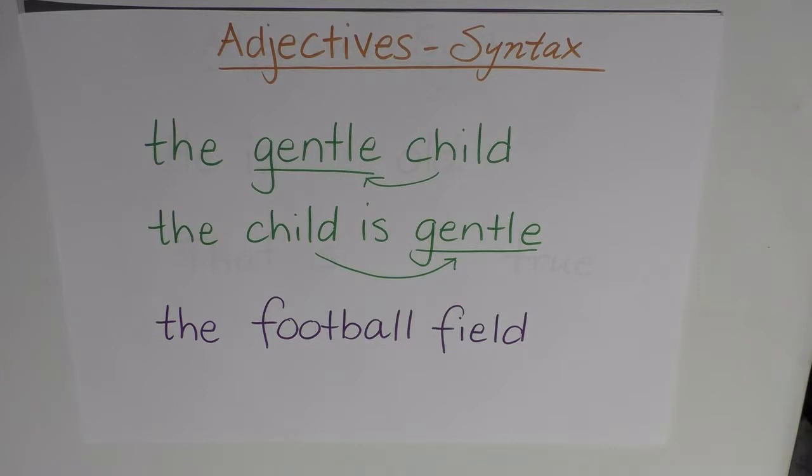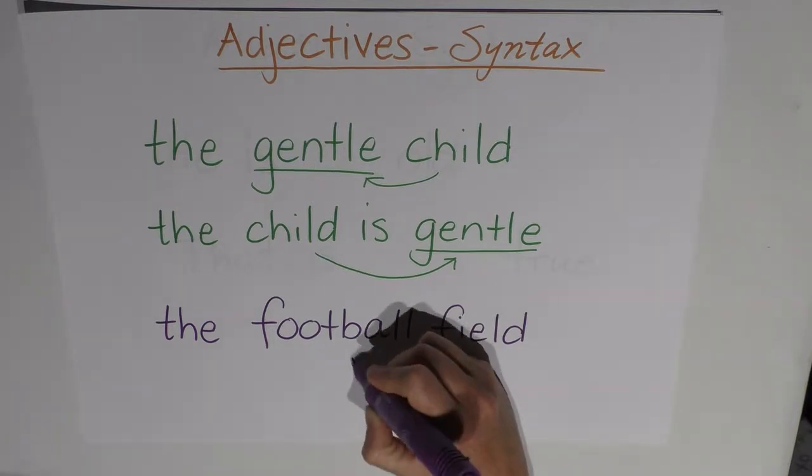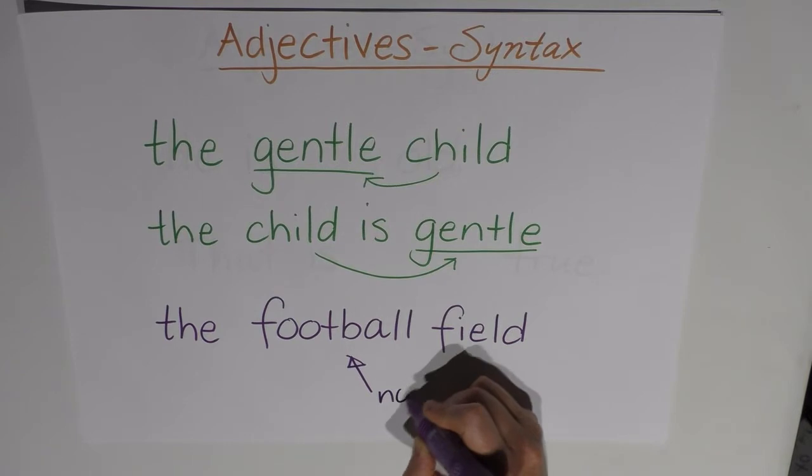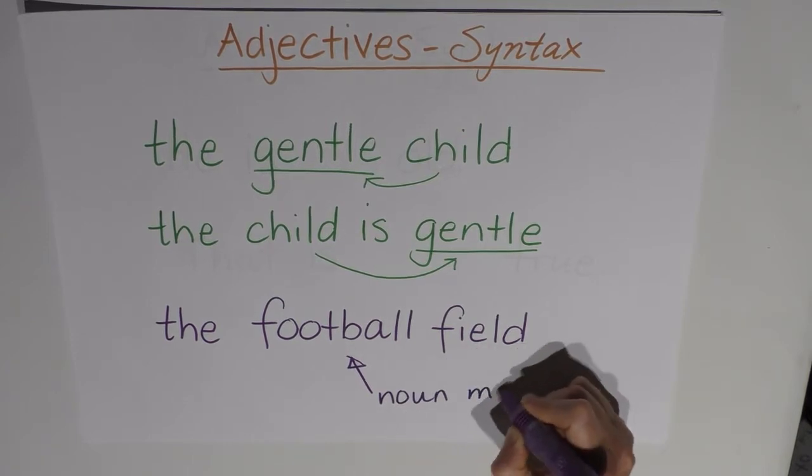It does take a particle, such as a football, and we can have adjectives to describe it, such as an old football. So really, to all intents and purposes, football in the phrase the football field is actually a noun. So even though it looks as though it's an adjective in the same sort of noun phrase, it is a noun. And so we don't call it an adjective, we call it a noun modifier.